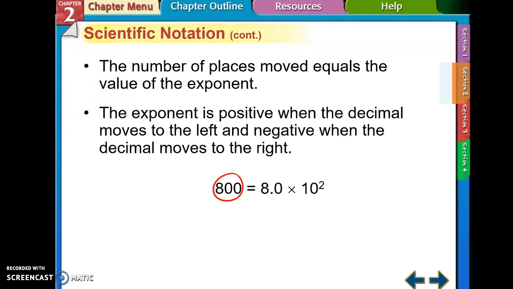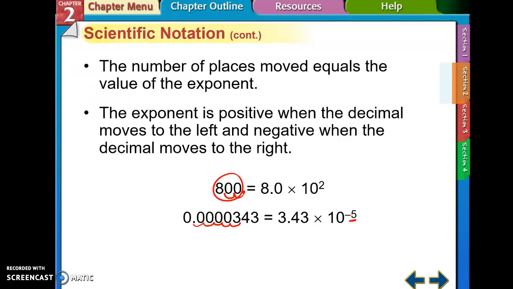The reason it's 8.0 times 10 to the second is because there is an imaginary decimal right here, and it moved twice. So, when we have 0.0000343, right there, my decimal had to move 1, 2, 3, 4, 5 times. So that's where the 5 comes from. And I put the decimal immediately after the first 3 because that makes the coefficient be between 1 and 10.